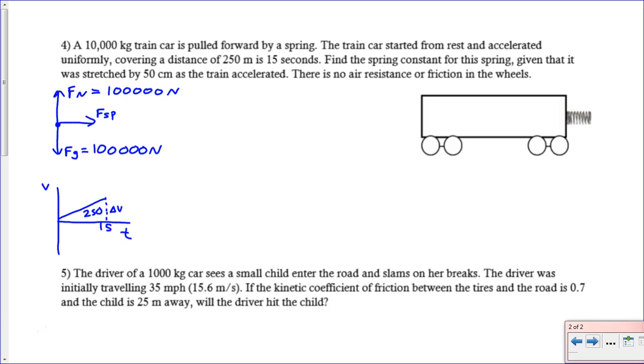On this side, it's unknown right now, but we know that 1/2 times 15 times our change in velocity equals 250. Solve that for change in velocity, and you should get that your change in velocity equals 33.33, etc., meters per second. So this side here ends up giving you 33.33.